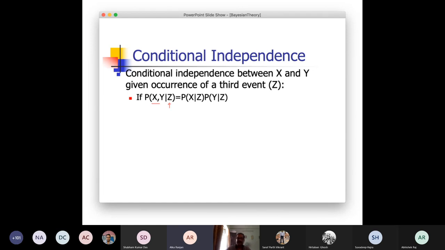Now we say that this is conditionally independent if this equals the product of their conditional probabilities on z. It is the same.